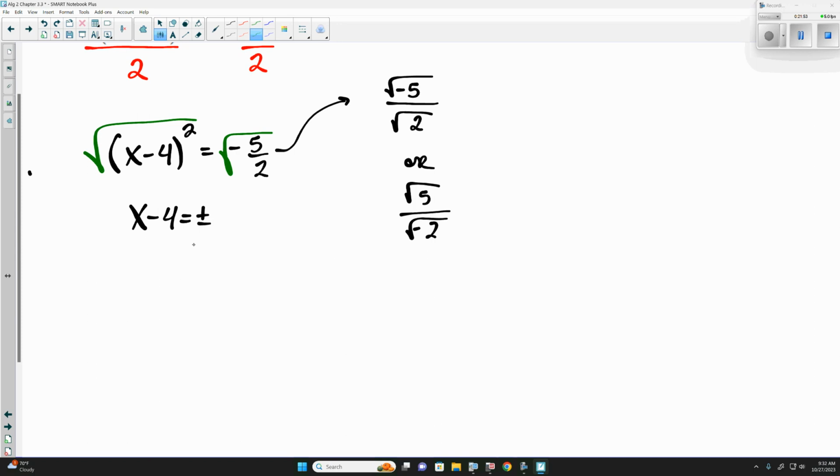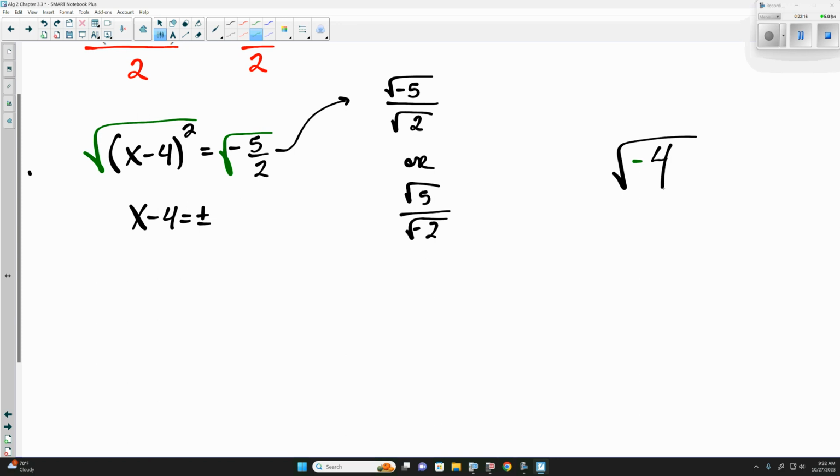Well, we're trying to find the square root of negative 5 over 2, yes? So when we take a square root, what we're really trying to find is what number times itself is negative 5 halves, yes? Well, this is kind of getting a little bit ahead. Let's make it a little bit easier. Let's say negative 4. What times itself is negative 4?